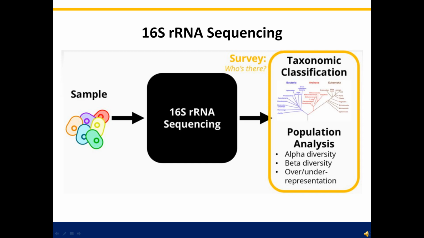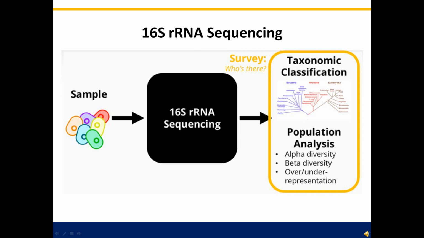Say, for example, I take the V3, V4 regions or any variable regions, sequence them, and then find out which taxonomic classification my bacteria belong to. This is often called a simple survey of what kind of bacteria are present in my samples and what they are doing.